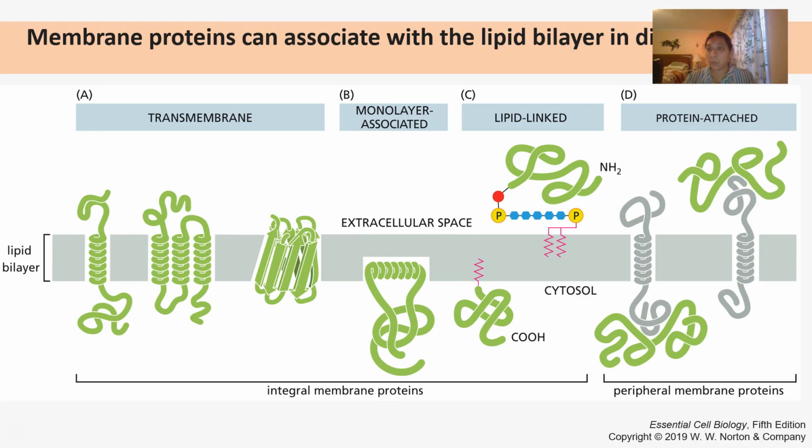And that's how they are working. It could be both within the cell or outside the cells. And these proteins are what you would call peripheral membrane proteins. They are not integrated into the membrane itself, but they are essential for the proper work of those membrane proteins that are integrated into the membrane by associating with them and then eliciting a response. So these are protein attached interactions. Okay.